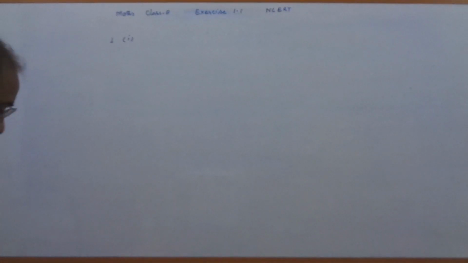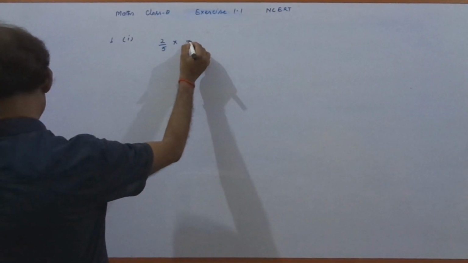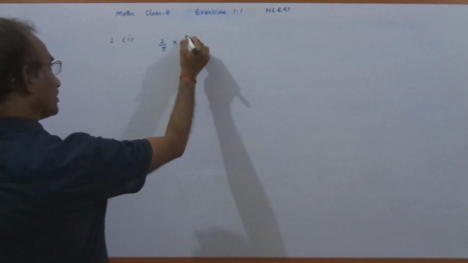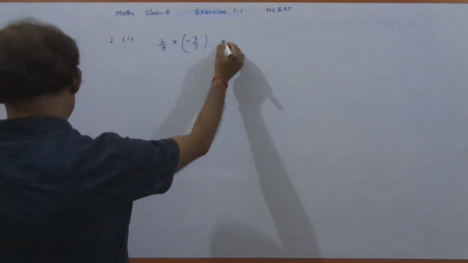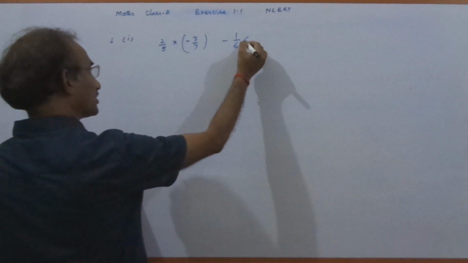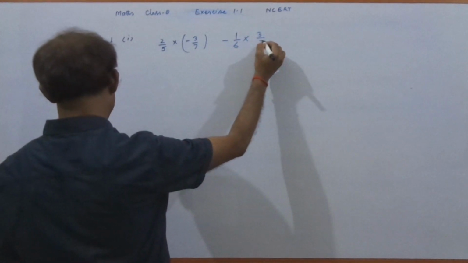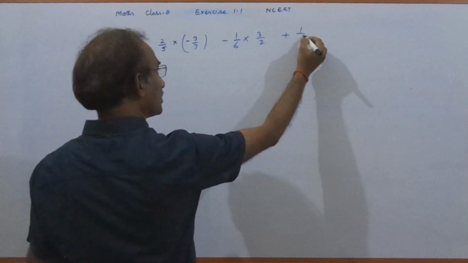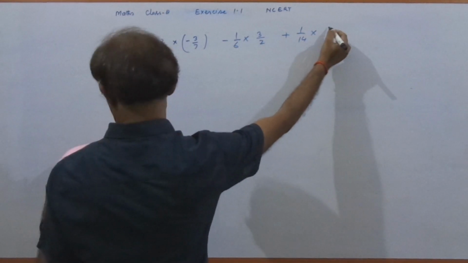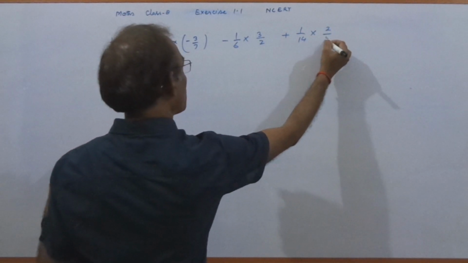The second question is 2 upon 5 multiplied with minus 3 upon 7 minus 1 upon 6 into 3 upon 2 plus 1 upon 14 multiplied with 2 upon 5.